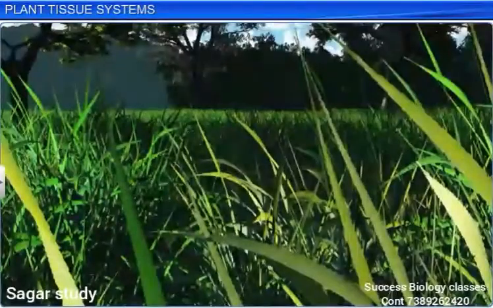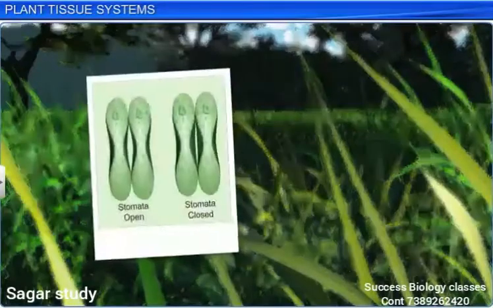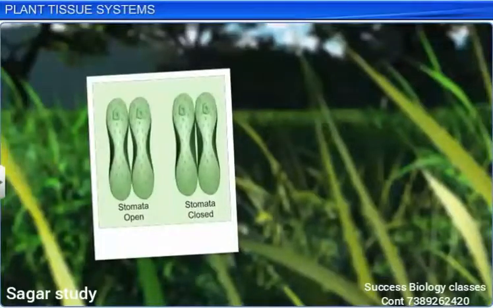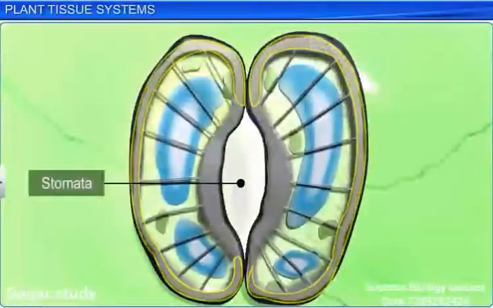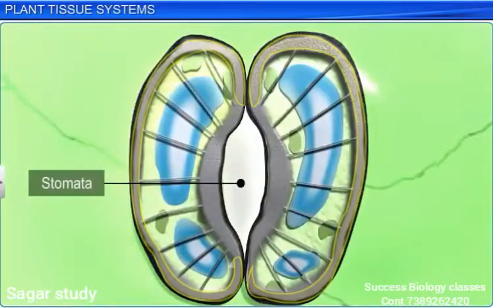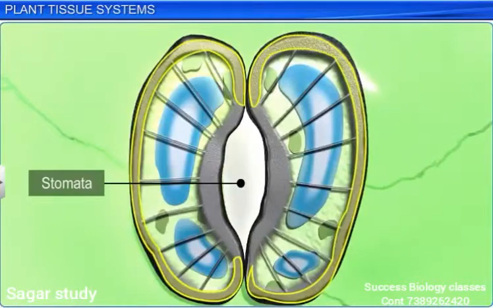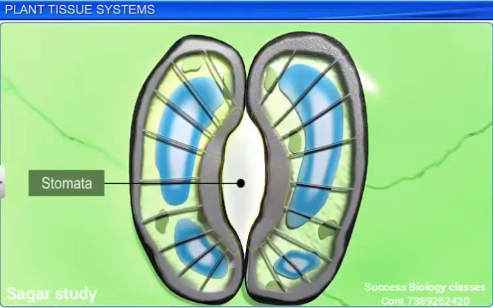In grasses, the guard cells are dumbbell-shaped. The outer walls of the guard cells, which are away from the stomatal pore, are thin, while the inner walls, which are towards the stomatal pore, are very thick.